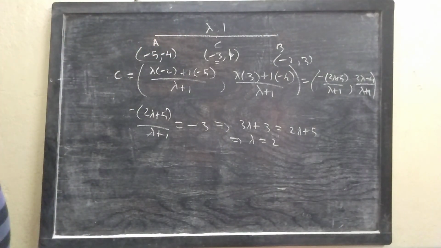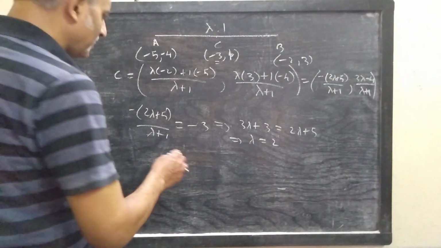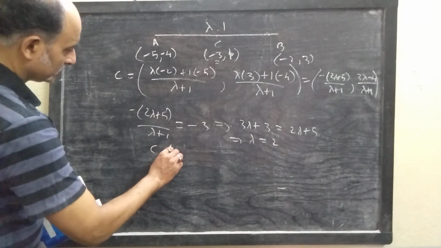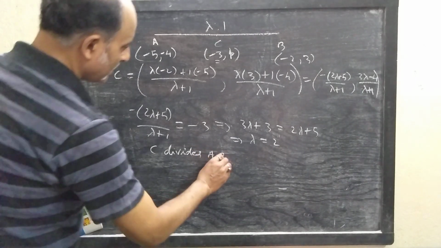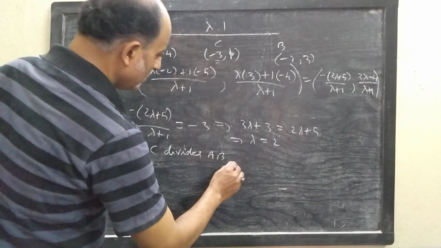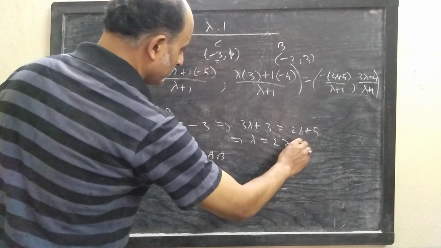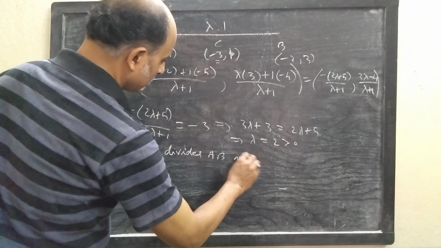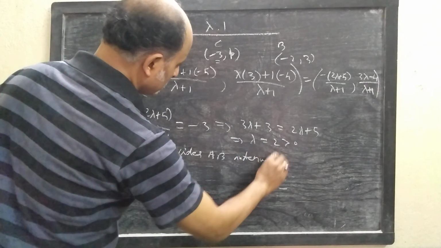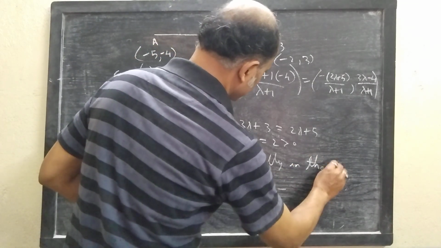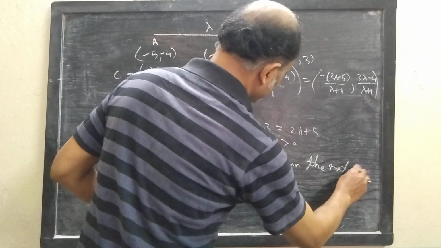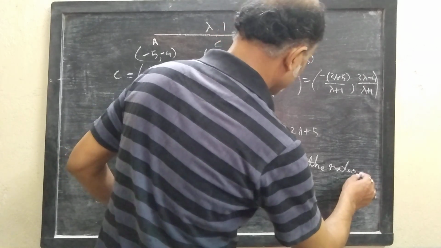When lambda equals 2 is obtained, we can declare that C divides AB internally, because this is positive, in the ratio 2:1.